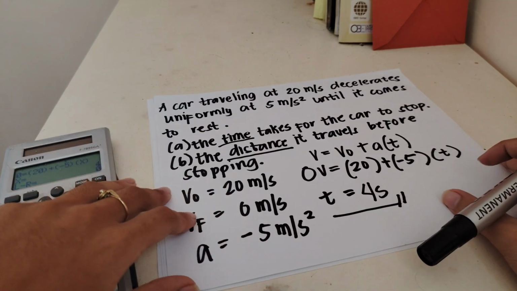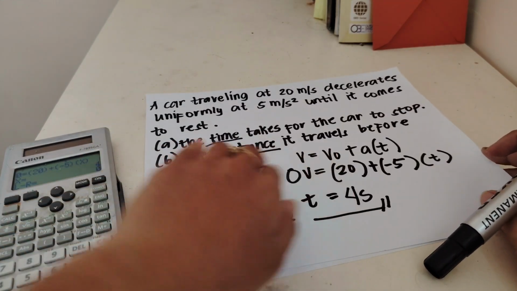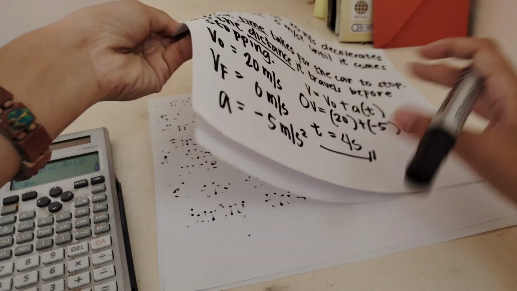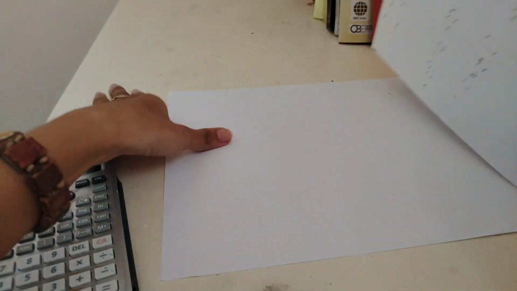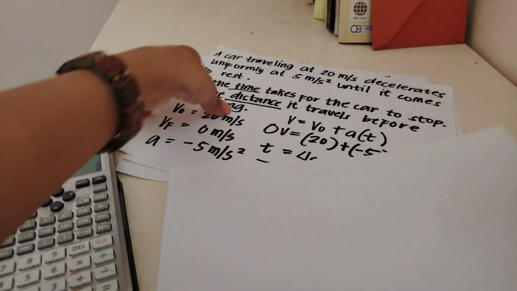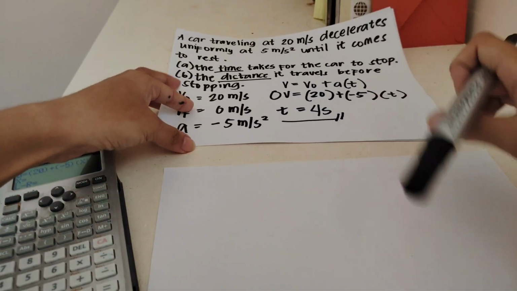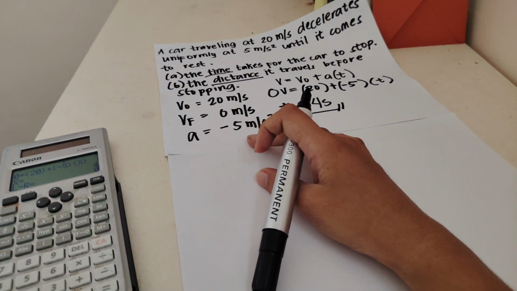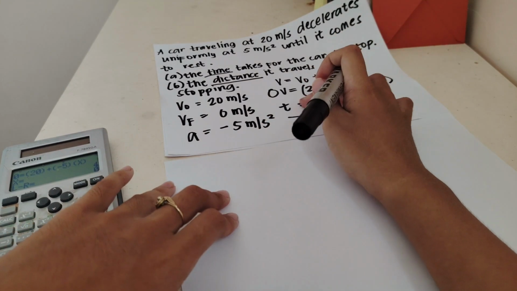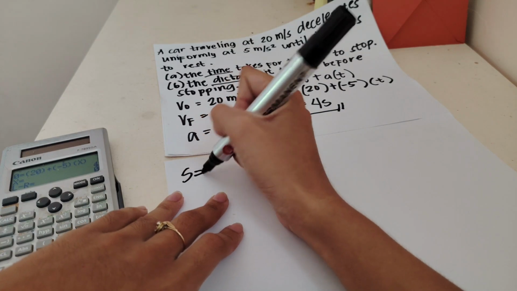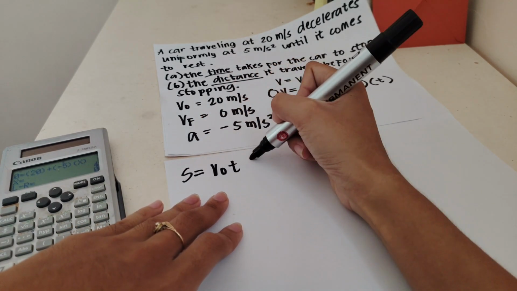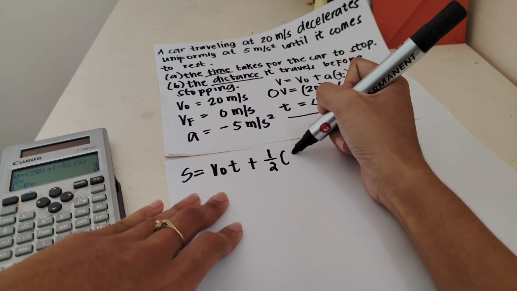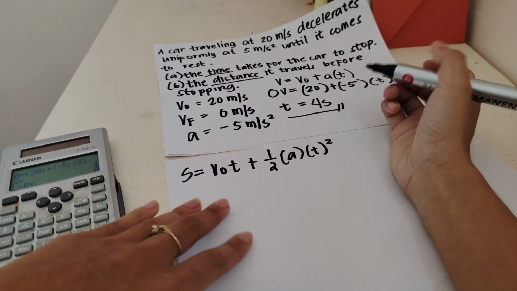Next, we have to find the distance it travels before stopping. So since we will find the distance, we can use the equation S is equal to initial velocity times time plus 1/2 times the acceleration times the time squared.